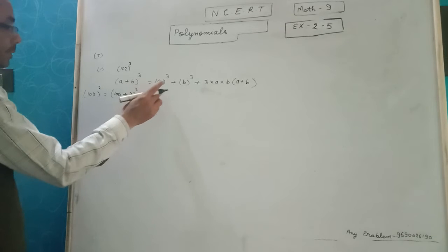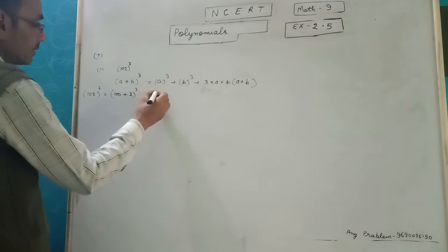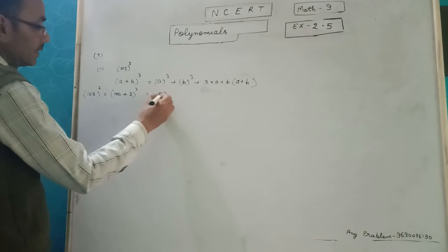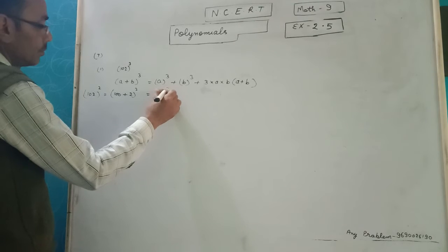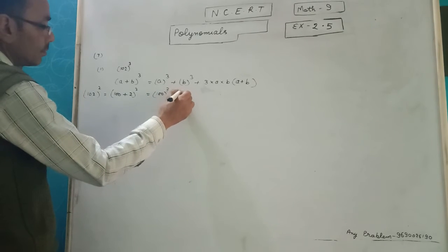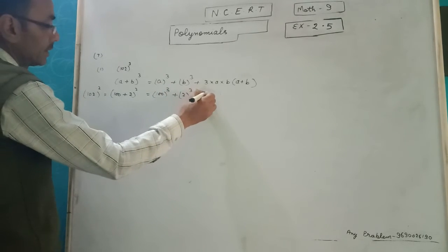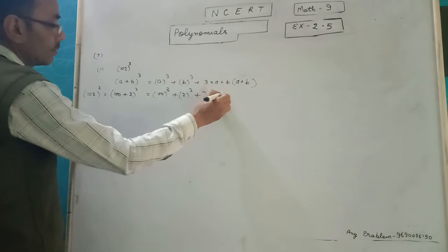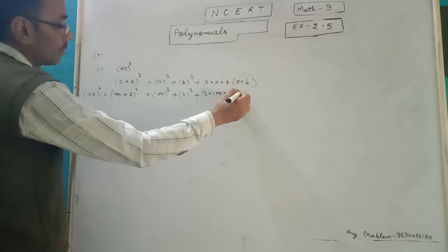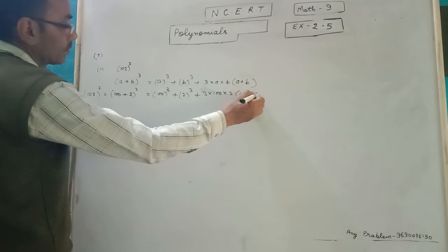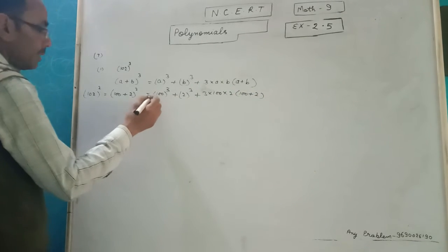This identity with plus: 100 cube plus 2 cube plus 3 into 100 into 2, bracket 100 plus 2. Remove the power.